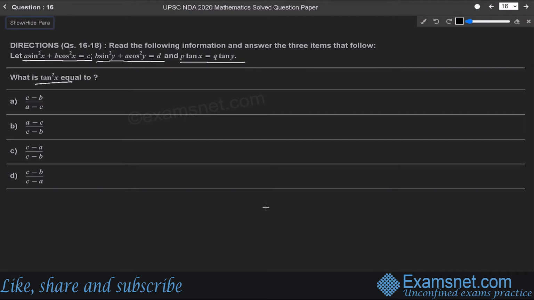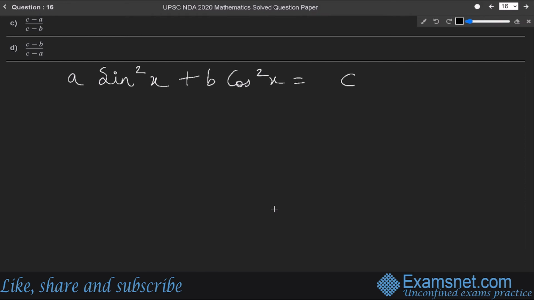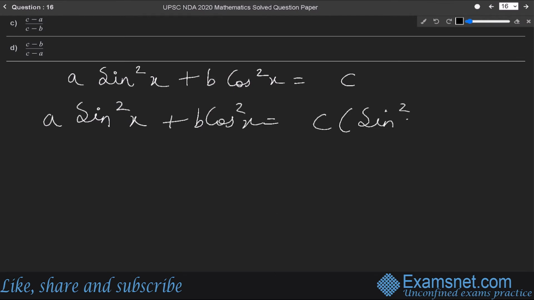Now in this question we have to find what tan square x is equal to. So let us take the first equation, which is a sin square x plus b cos square x is equal to c. Now a sin square x plus b cos square x is equal to c into sin square x plus cos square x.